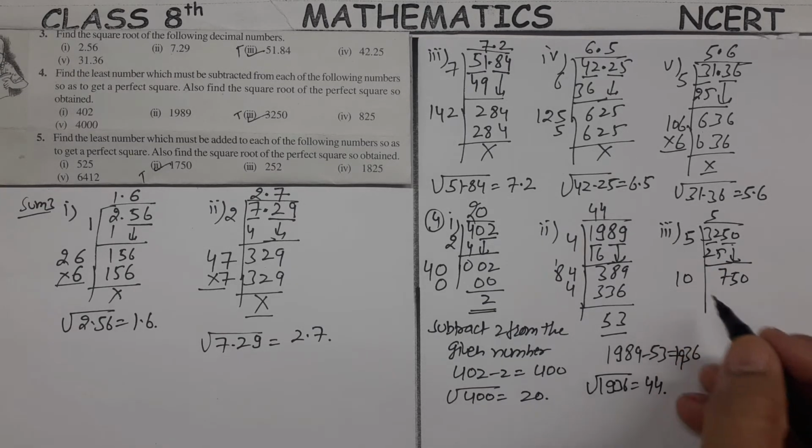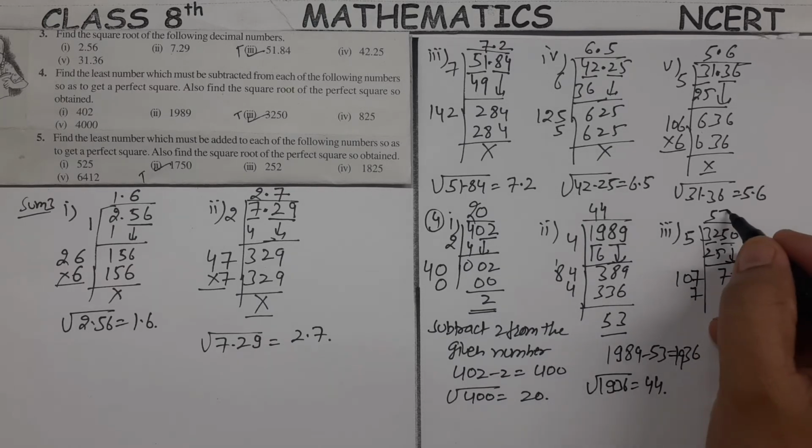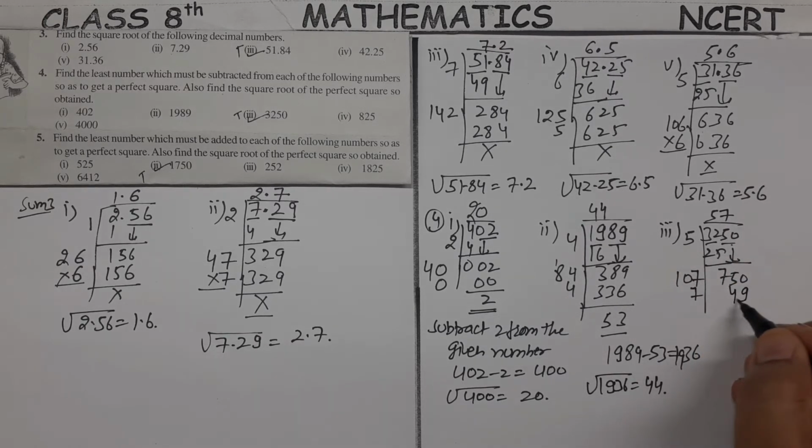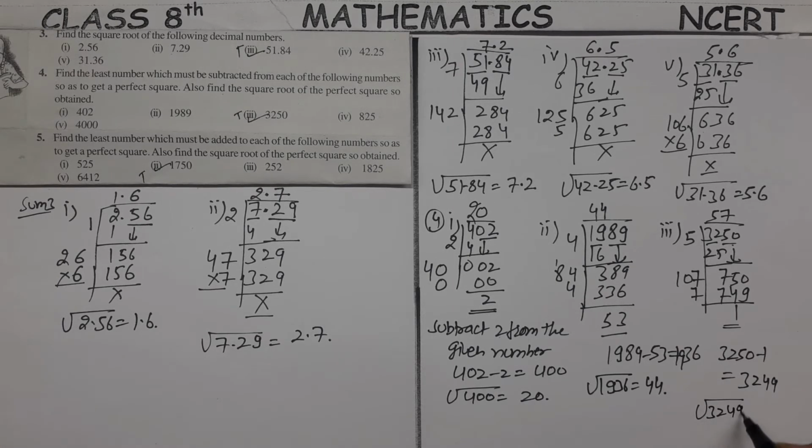Double of 5 is 10. 7 multiplied by 7, 7 here. 7 sevens are 49, 7 ones are 7. Remainder is 1. That's why we subtract 1 from 3250. We have 3249. Hence the square root of this number is 57. Answer.